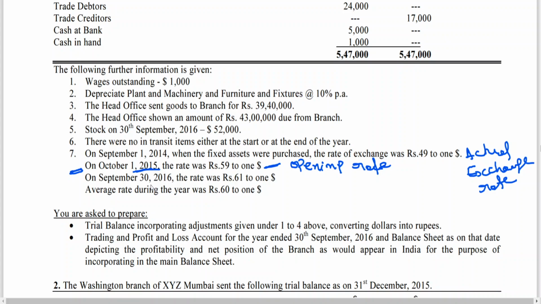And on 30th September 2016, this is year ending, this is the closing rate. Closing rate is $1 equal to 61 rupees. And here they have given the average rate during the year, $1 is equal to 60 rupees. You are asked to prepare the trial balance incorporating adjustments 1 to 4.